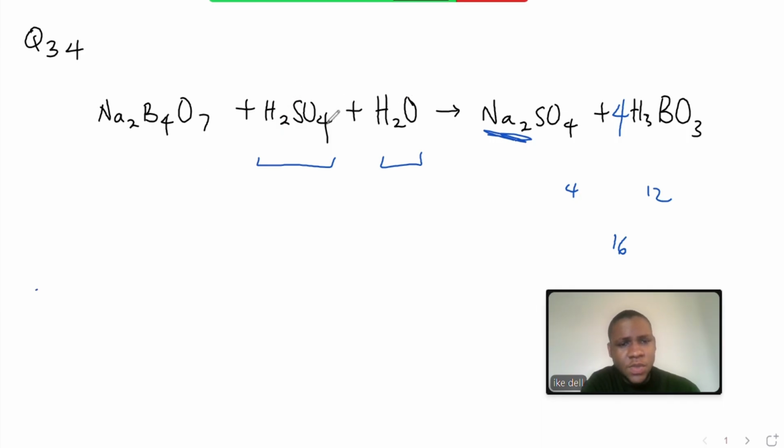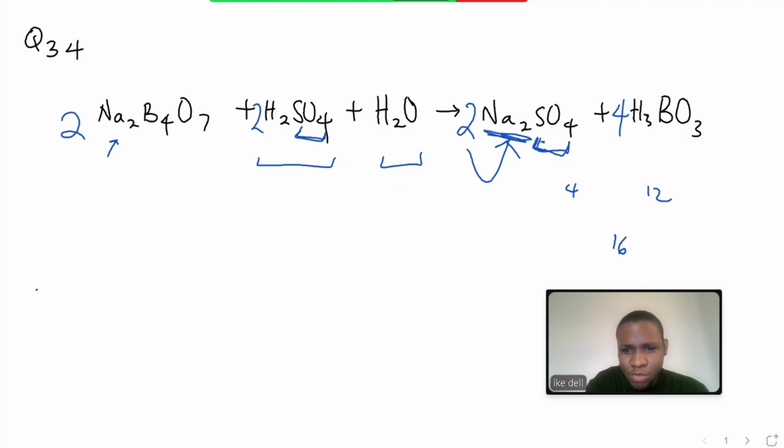Now for the first one, H2SO4, if I try to start balancing the oxygen here by touching the H2SO4, if I alter it here now, it's going to affect my sulfate, meaning that I'll come here again to try to balance out the sulfate by placing something here, which would then mean that it will affect the sodium, and I'll have to come here and do what I said I don't want to do.